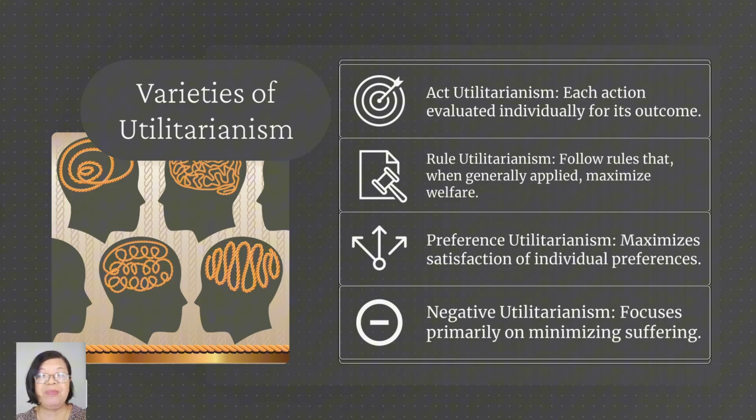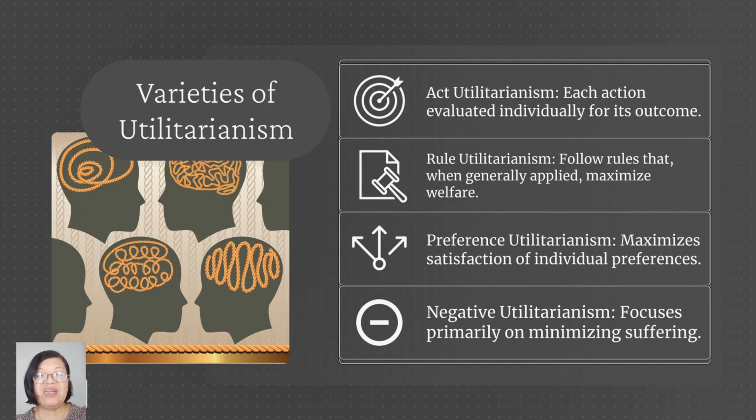Each individual act is assessed, and it may be flexible, but it is unstable. There is a risk that we may justify morally troubling acts if they maximize happiness, such as destroying nature to promote benefits, such as in mining.